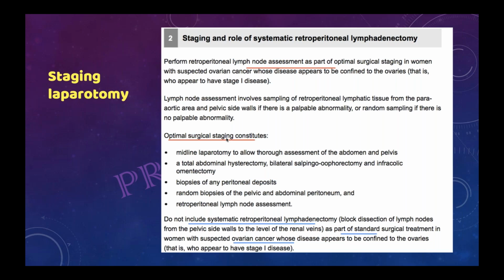The point to understand here is that only assessment is done for the retroperitoneum, they are not doing any lymphadenectomy here. People make mistakes here, so understand carefully that retroperitoneal lymph node only assessment is done, no lymphadenectomy, as part of surgical treatment. This is the optimal surgical staging that you should understand, and that will help in answering your questions.